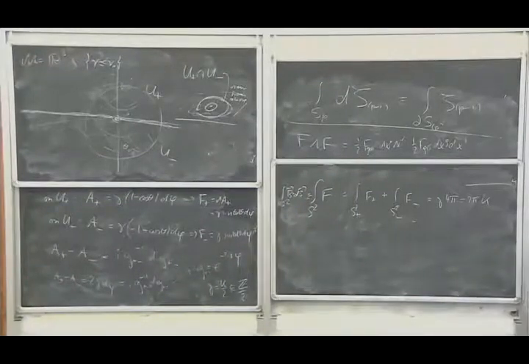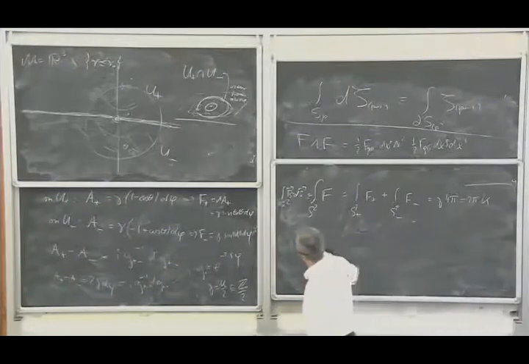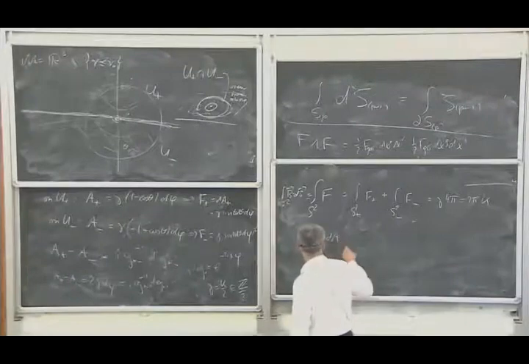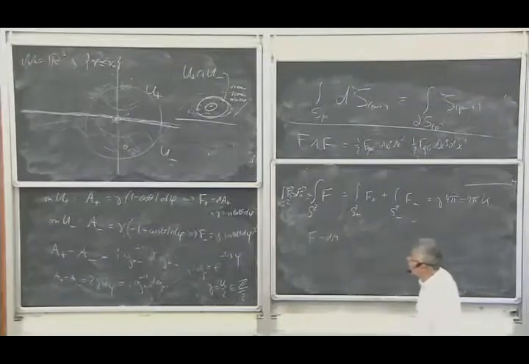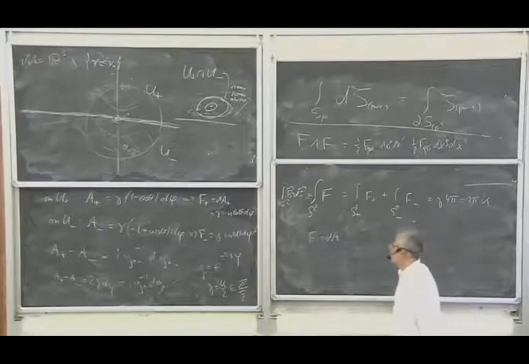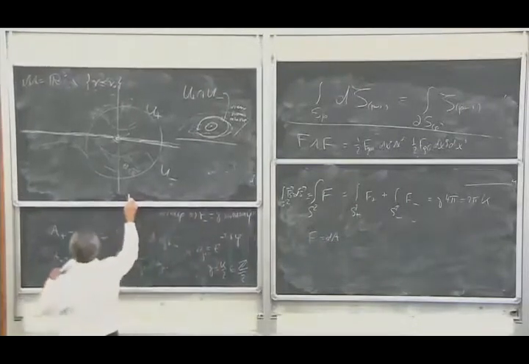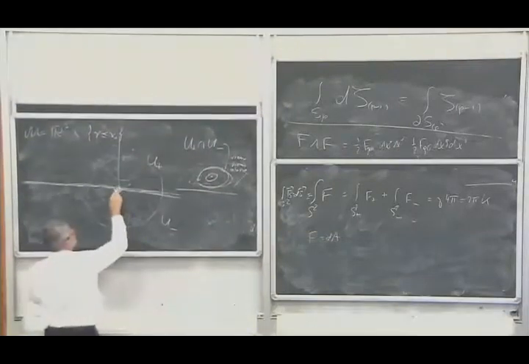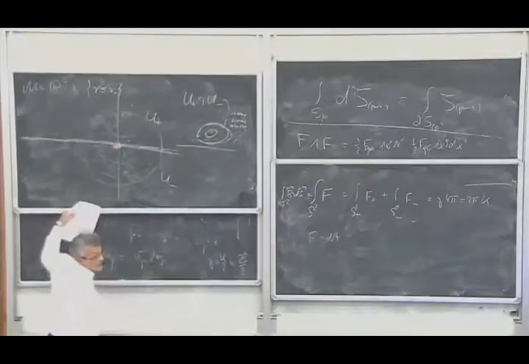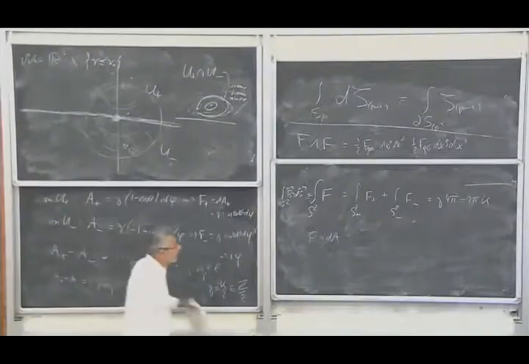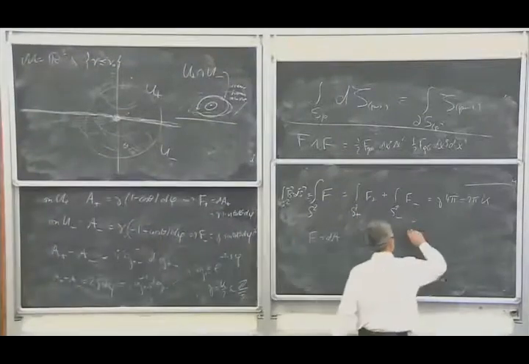So there must be some magnetic charge somewhere. Now, we know that as long as F is dA, we cannot have any magnetic charges. So there cannot be any magnetic charge in my manifold. So the magnetic charge must sit here, okay? Which is not part of my manifold. So we have some magnetic monopole.